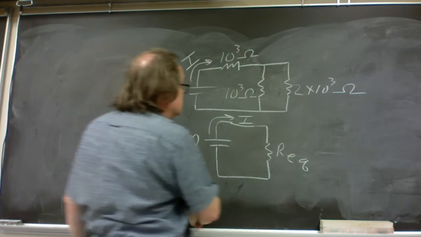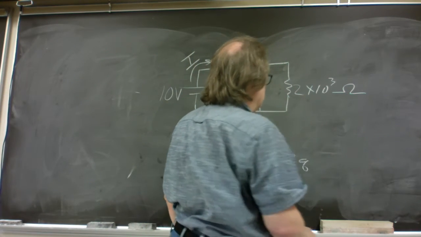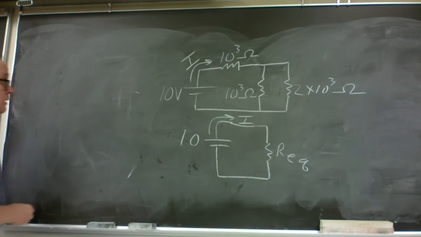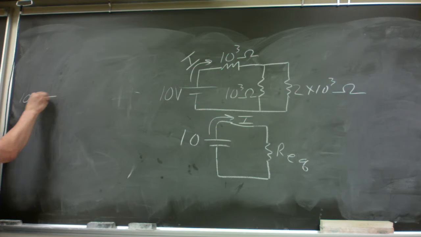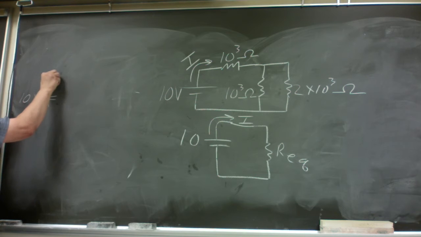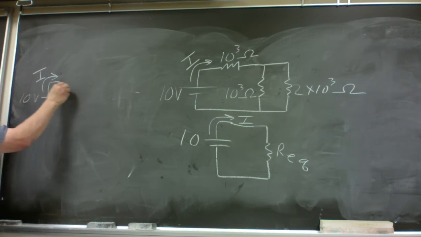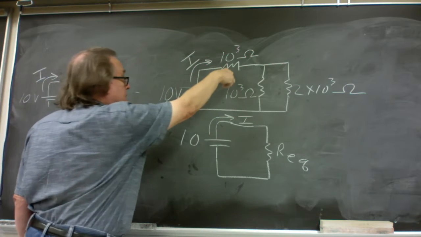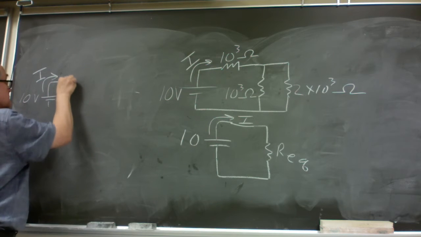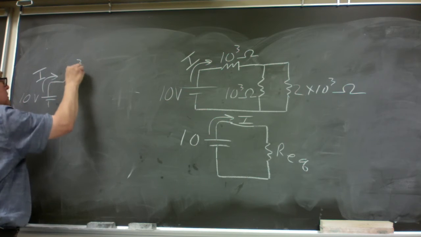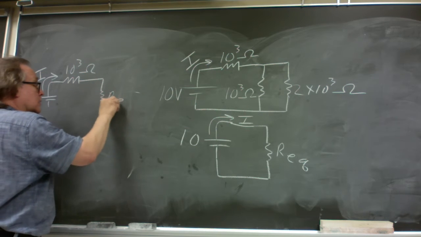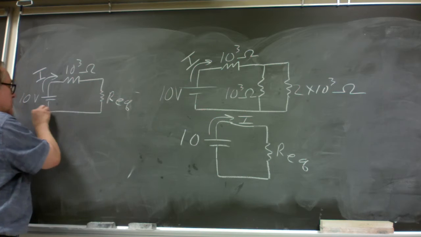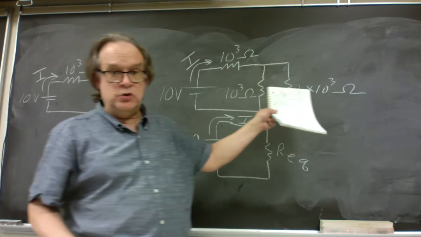That is, this circuit is the same as a 10-volt potential difference pushing the current I through that one, and then one equivalent resistance that has the same effect as those 2 in parallel.